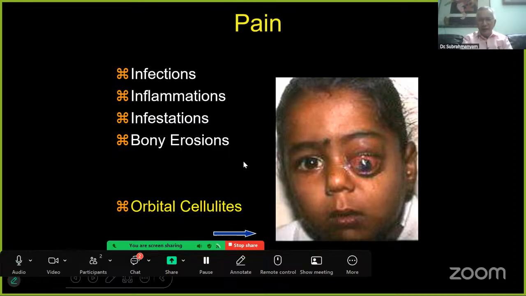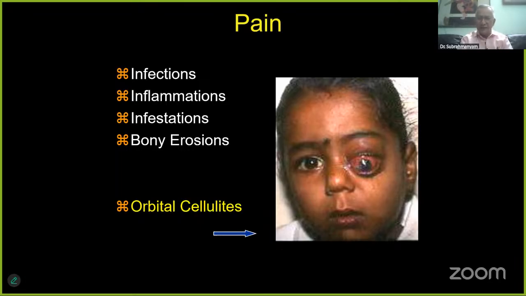The pain may occur only after there is a bony erosion. So the patient may give a little bit of a chronic history, 6 weeks or 8 weeks, but otherwise, with infections, inflammation, and parasitic infestations, the presentation is usually acute or subacute.